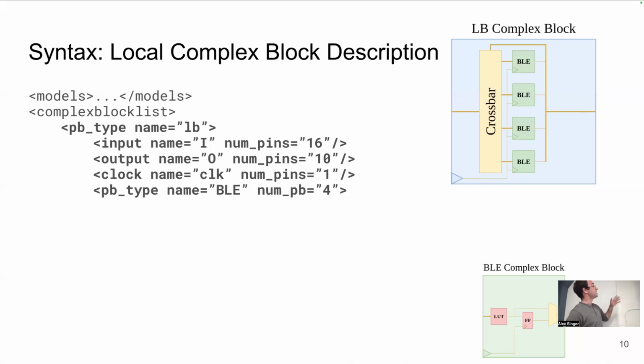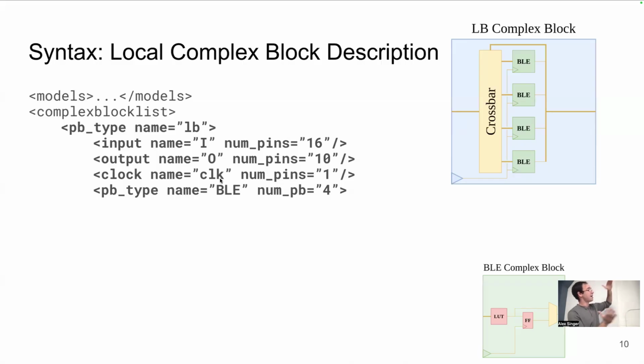And next, we now start creating that hierarchy. I now create a middle level complex block, which I'm going to name capital BLE. And notice that I say that there are 4 of them. 1, 2, 3, 4. So what I'm saying here is that my PB type LB has these inputs and outputs and has 4 BLEs inside of it.